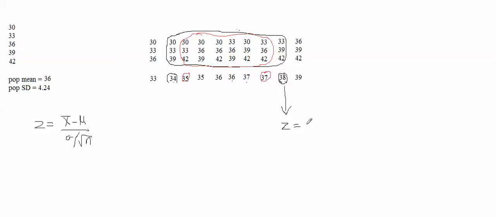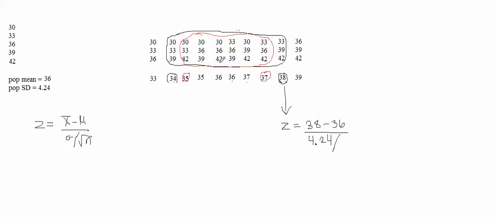So we take the sample mean of 38, minus the population mean of 36, over sigma of 4.24, divided by the square root of n.